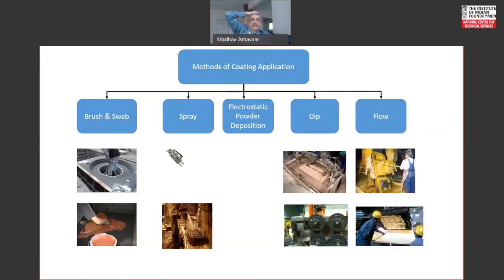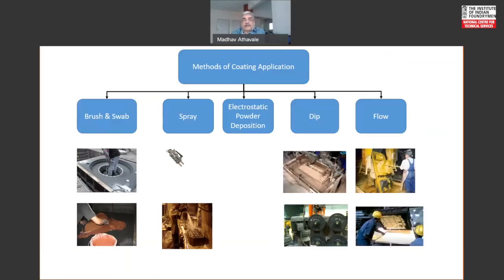A few words on electrostatic powder deposition. It is not very common in foundries, though long ago when I was handling coating development in Foseco in the 80s and 90s, a technique was developed for electrostatic deposition of the coating onto the surface of the clean sand molds.